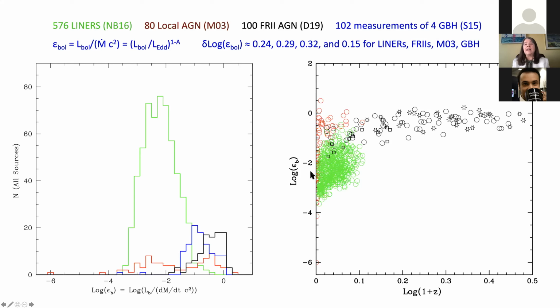I did write this as a function of redshift here, just so you could see the cutoff when the bolometric luminosity of the disk matches the Eddington luminosity, okay?